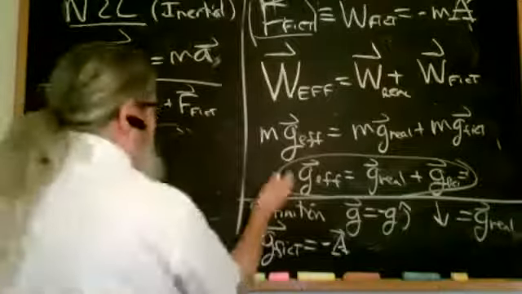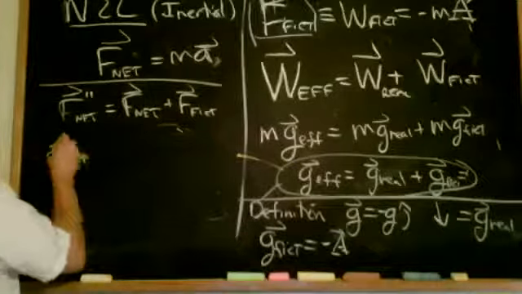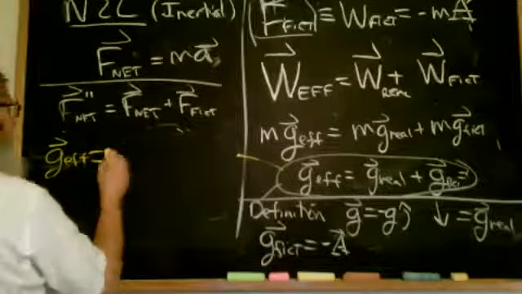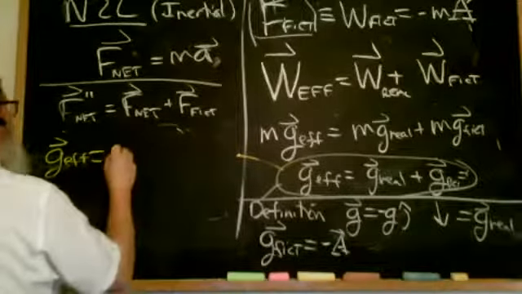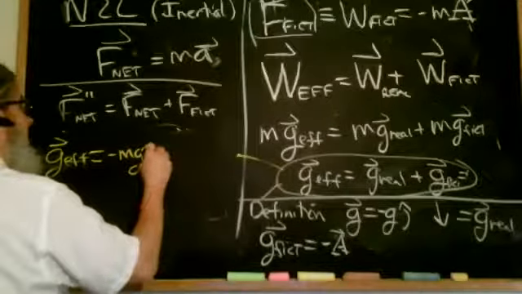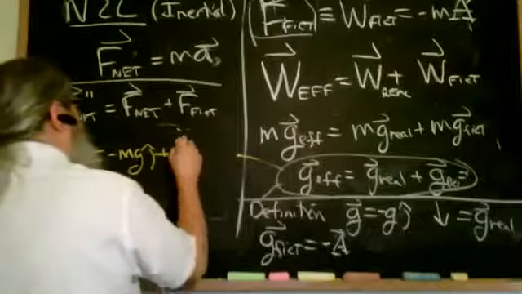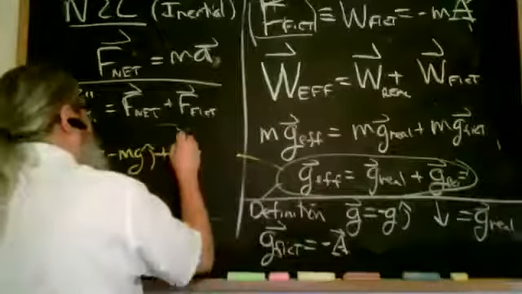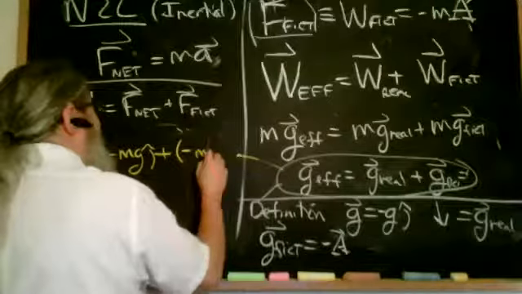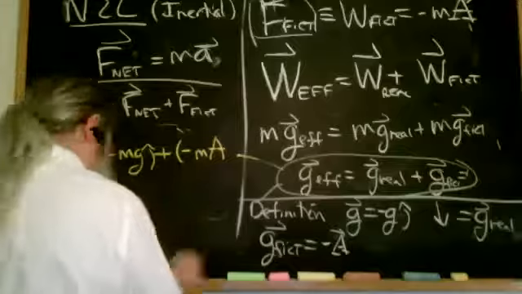So I'm going to write down that G effective, the effective gravity, is equal to G real, which is negative m G j hat, plus G fictitious, which is negative m times A. Oh, no m.